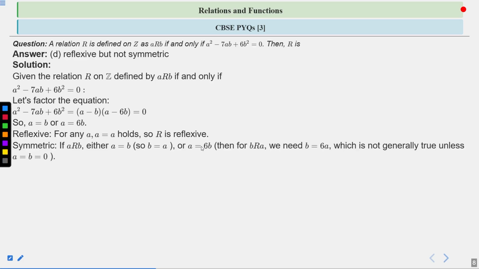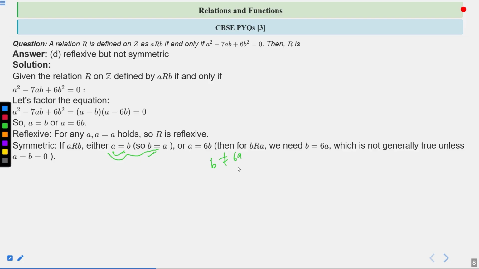Now let us check for symmetric. If A is related to B, that is A is equal to B, so B is equal to A. So for this condition, it is symmetric. But if A is equal to 6B, then B is not equal to 6A.